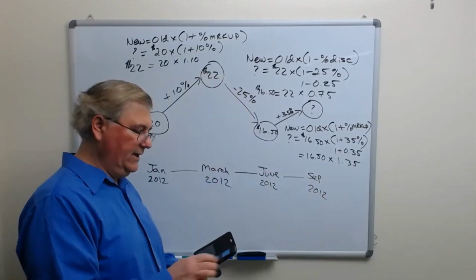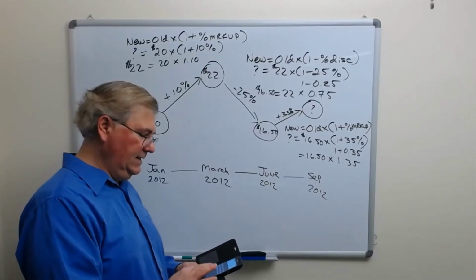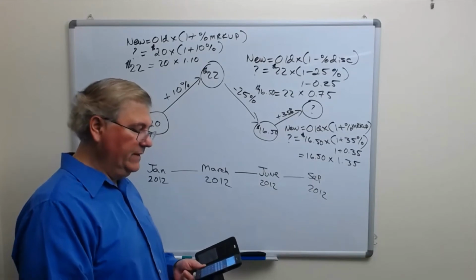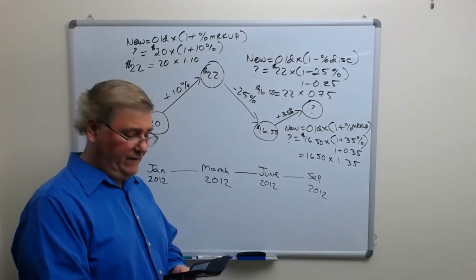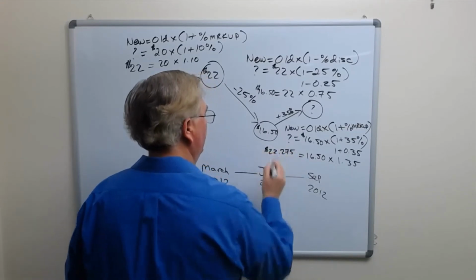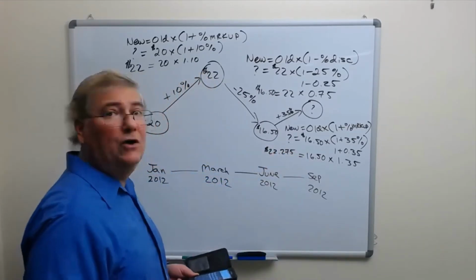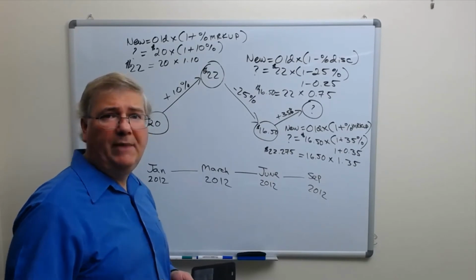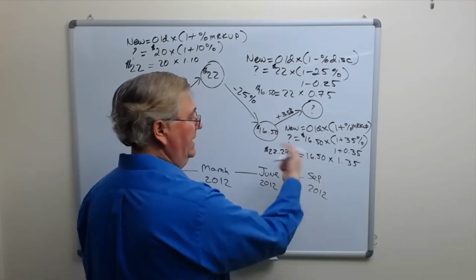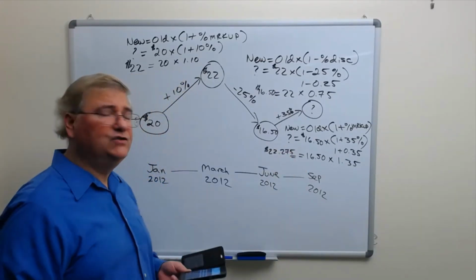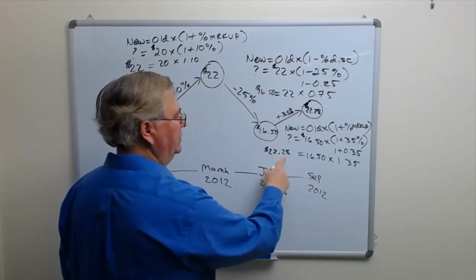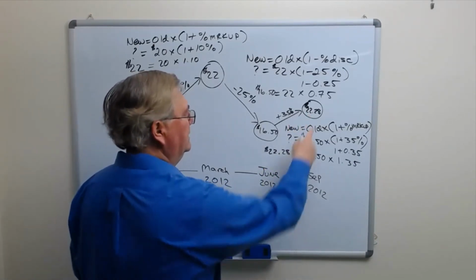We should take out our calculators again. 16.5 times 1.35 is equal to 22.275 a share. Now, as you may know, stocks trade in pennies a share, so we have to bump this up from a half a penny to the next highest penny, which is 28 cents. And so our answer for the end of Q3 is $22.28 a share.